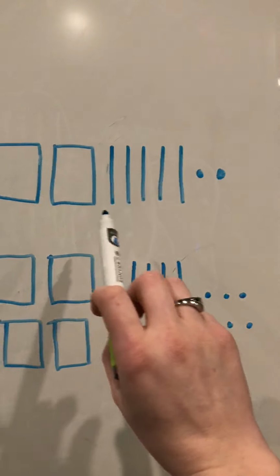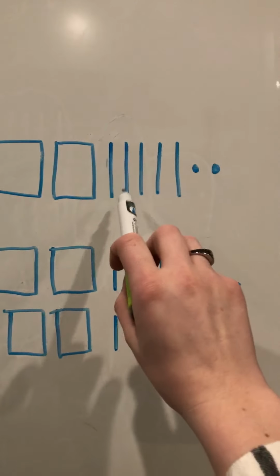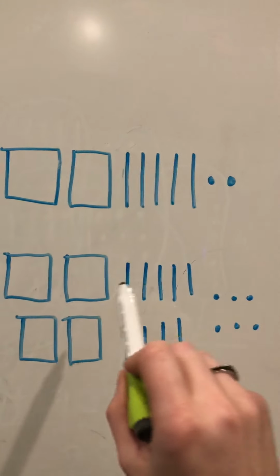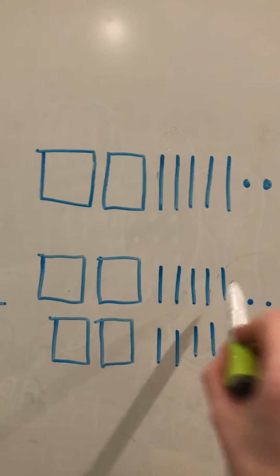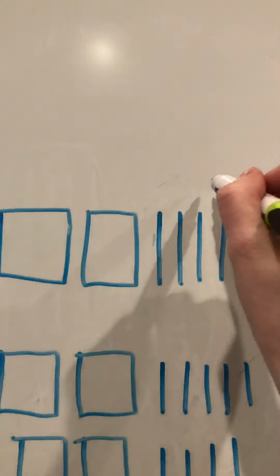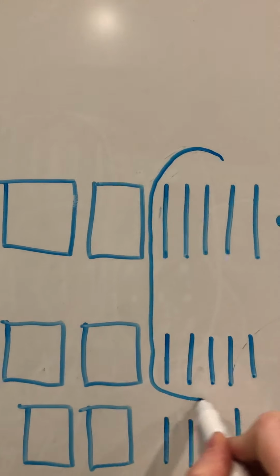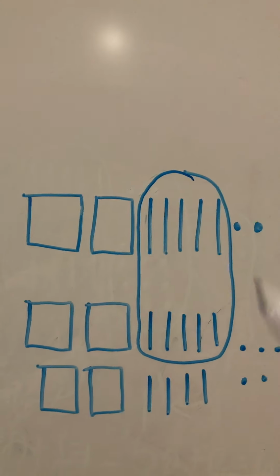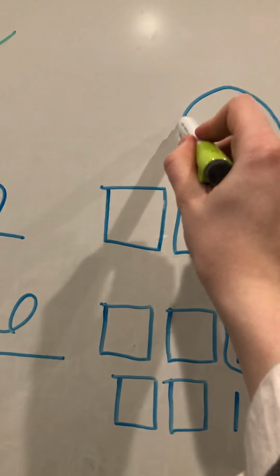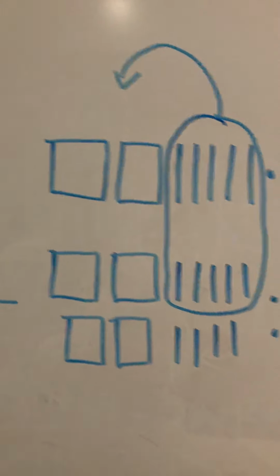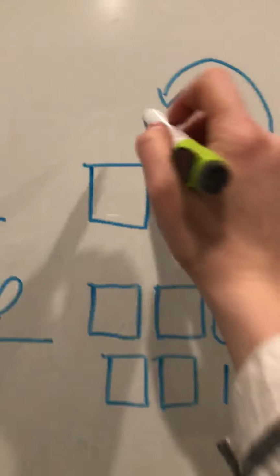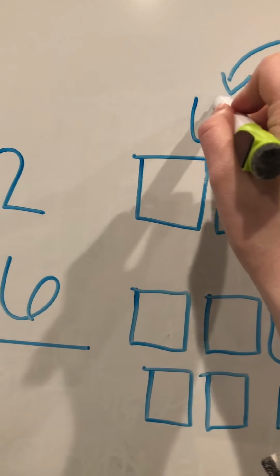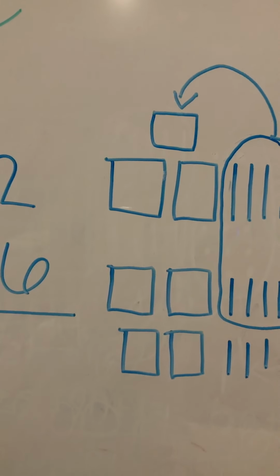If we look at our tens, we can go 1, 2, 3, 4, 5, 6, 7, 8, 9, 10. Oh, so for that, we know we can take that and we can group it. And then we're going to bring our group over, and our 10 tens is equal to 1 100. So we're going to add a 100 over here.